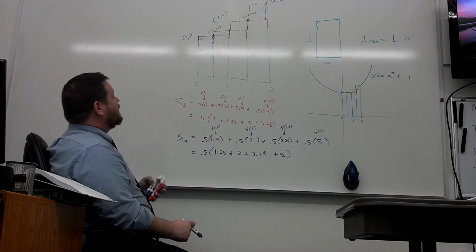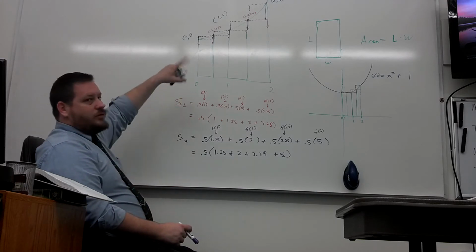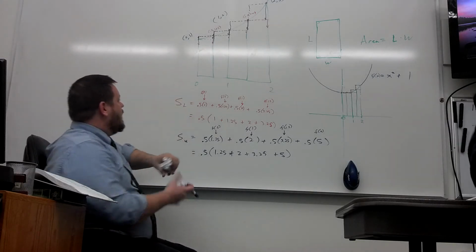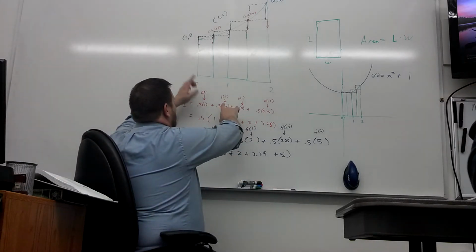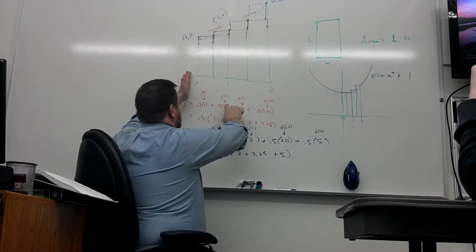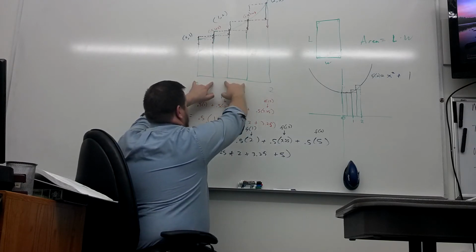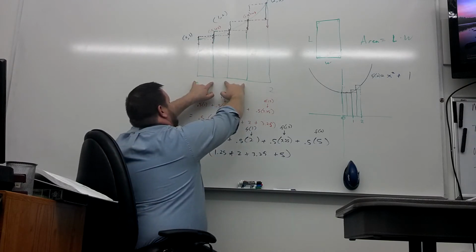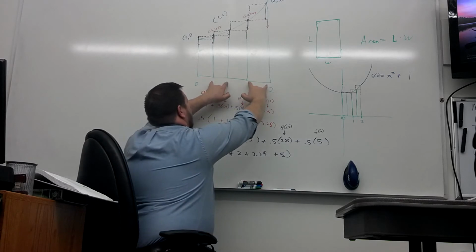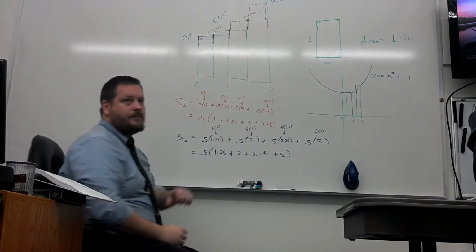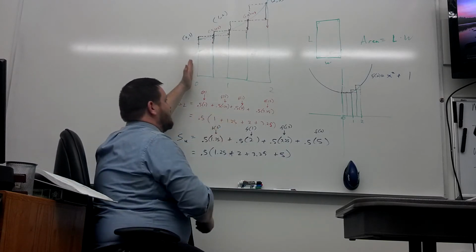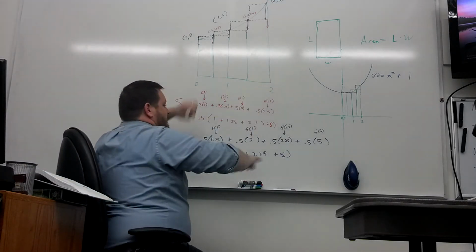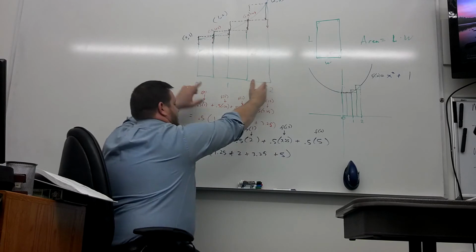This is called a lower sum. For the lower sum, we're doing the f of 0, 0.5, 1, and 1.5. For the upper sum, we're doing the f of 0.5, 1, 1.5, and 2. So they're very similar, except that the lower sum uses the left end and not the right end. The upper sum uses the right end, but not the left end.